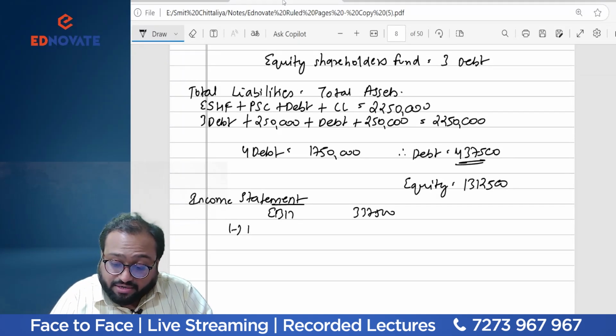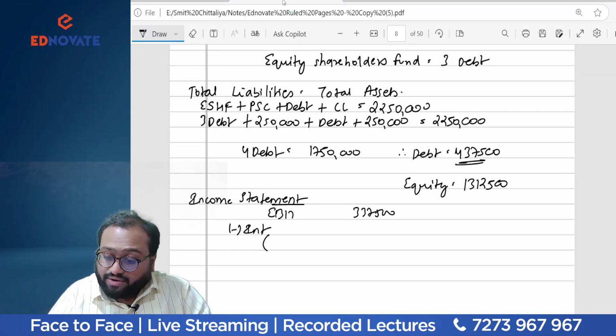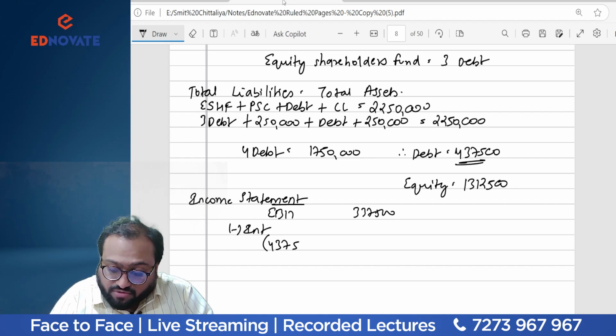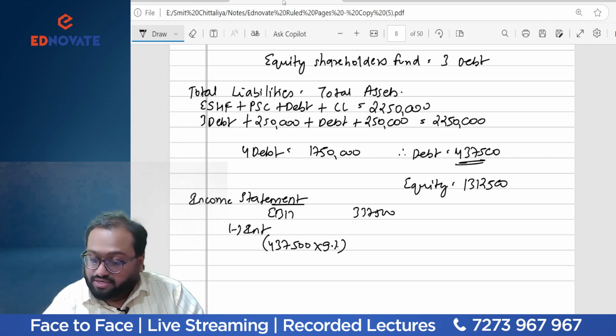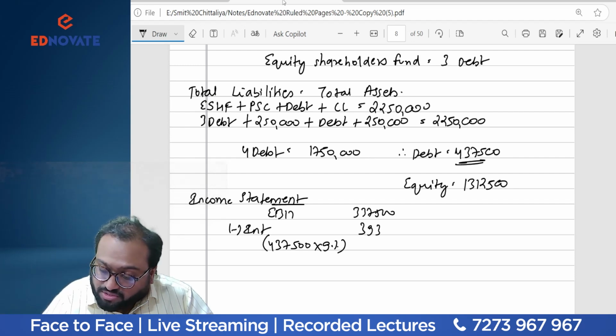3,37,500 minus interest on debt capital. Now interest will be on 4,37,500 into 9%, which is my rate of interest. 4,37,500 into 9% will be 39,375.